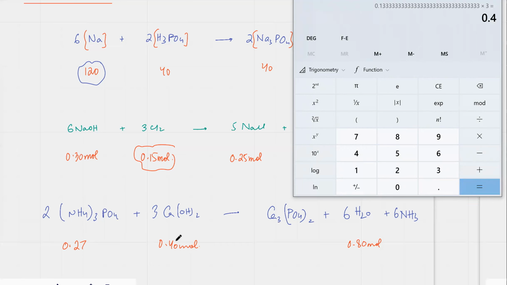And I'm going to get exactly 0.4. So there wouldn't be any rounding error. Because if I had used a rounded value, there would have been a rounding error. If I had used 0.27 and divided it by 2, and then multiplied it by 3, I'm going to get 0.405 instead of 0.40.